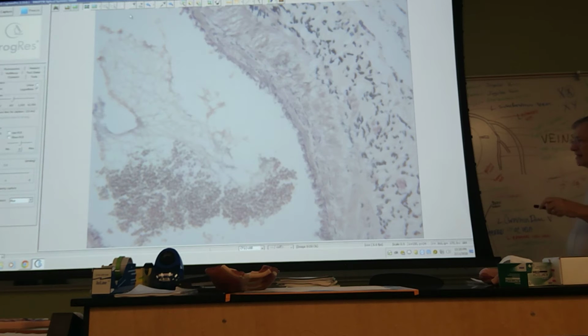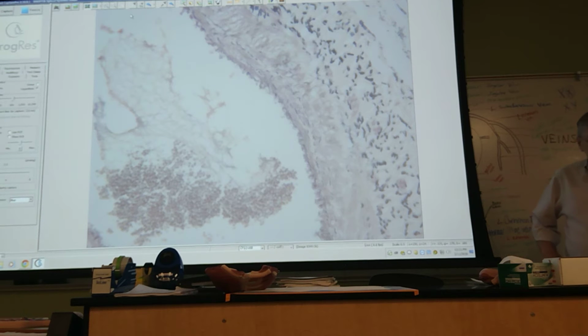That looks like it's all beat up. See this little darker layer kind of right at the edge? This is the tunica intima, which is the same as the simple squamous epithelium in a vein because there is no internal elastic membrane in a vein. Again, it doesn't have to withstand the same pressures as the arteries do.